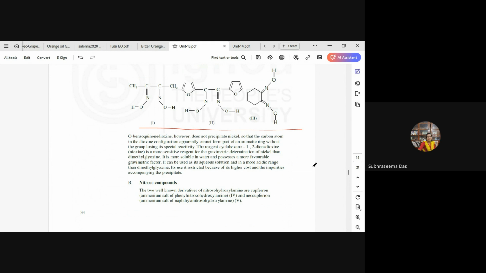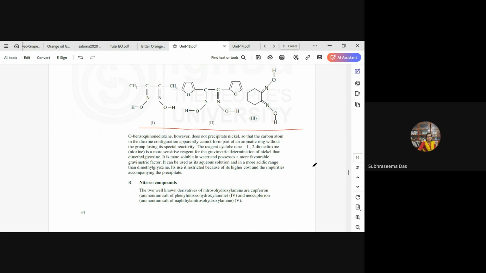Even the reagent cyclohexane 1,2 dione dioxime is a more sensitive reagent for gravimetric determination of nickel. It is more soluble in water and possesses a more favorable gravimetric factor. It can be used in aqueous solution and in a more acidic range. Its use is restricted. Why is dimethyl glyoxime preferred for detection of nickel?